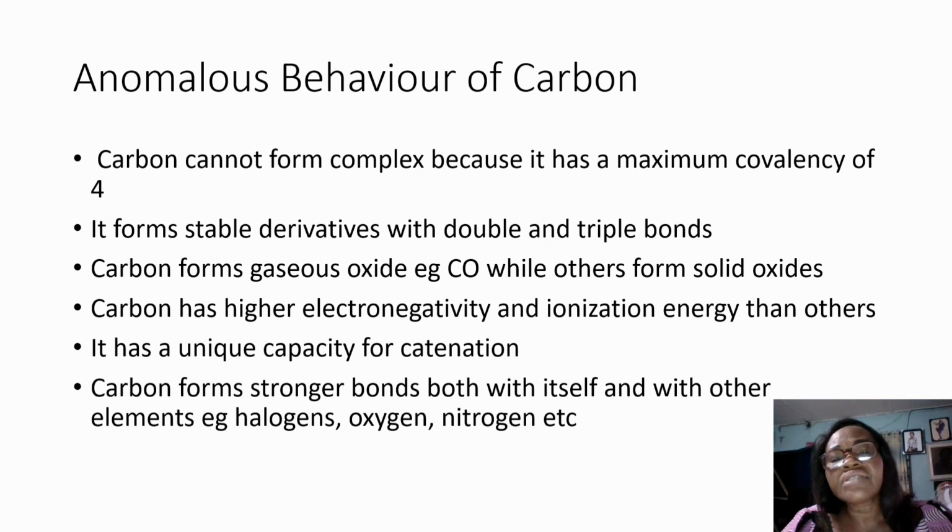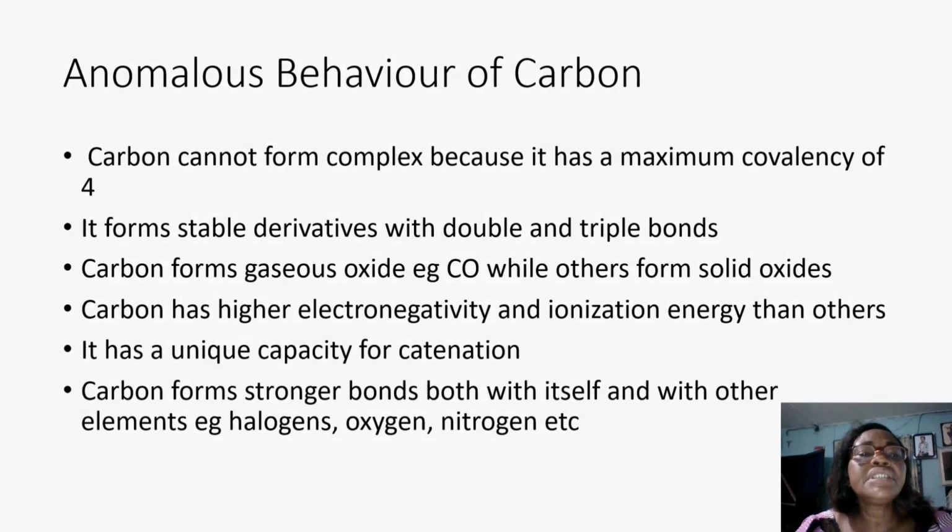Carbon has higher electronegativity and ionization energy than the others. It has a unique capacity for catenation. We looked at catenation before. Carbon forms stronger bonds both with itself and with other elements, for example halogens, oxygen, nitrogen, etc.